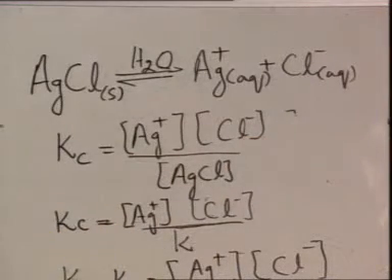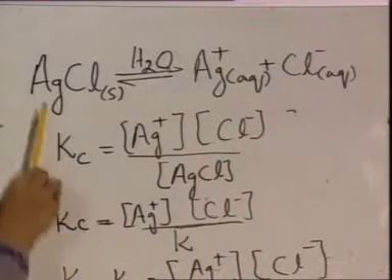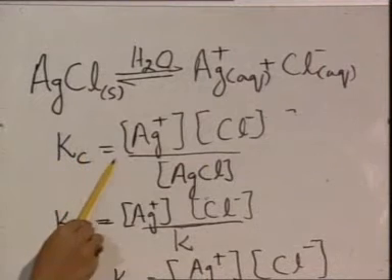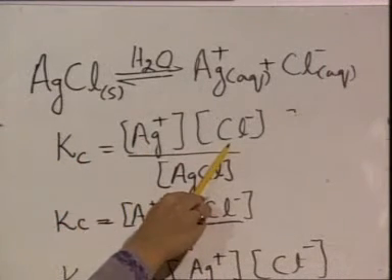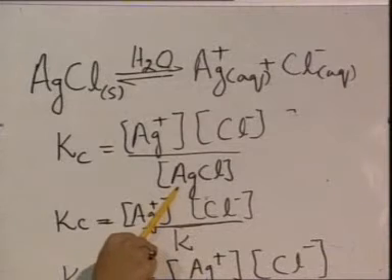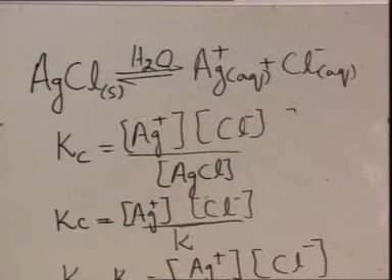The equilibrium constant expression for this equation is Kc is equal to silver ions multiplied by chloride ions divided by concentration of silver chloride.